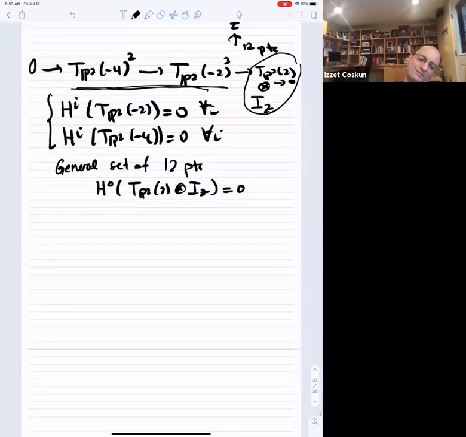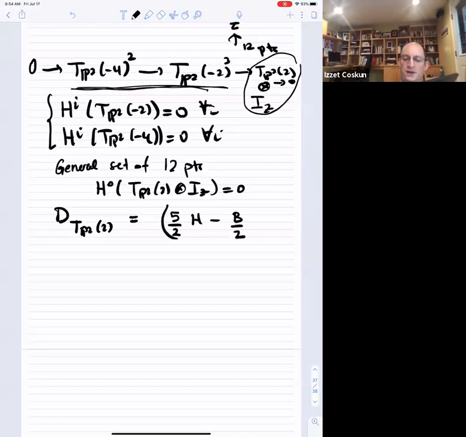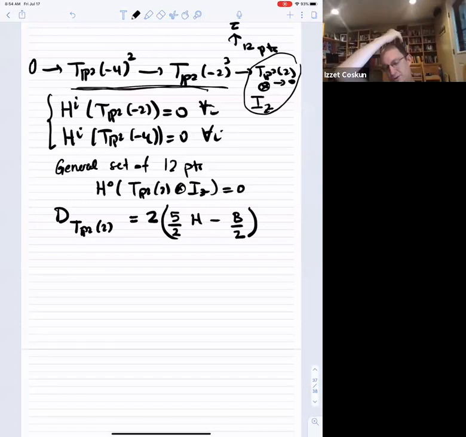In fact, maybe I won't go through this, but you can compute the class of this thing. So the class of these things will always be something like this. So I guess it's 3/2, TP2, so I add 2 to it. So it's 5/2 H minus B over 2. And then if you really want the class, then you multiply by the rank, which is 2.